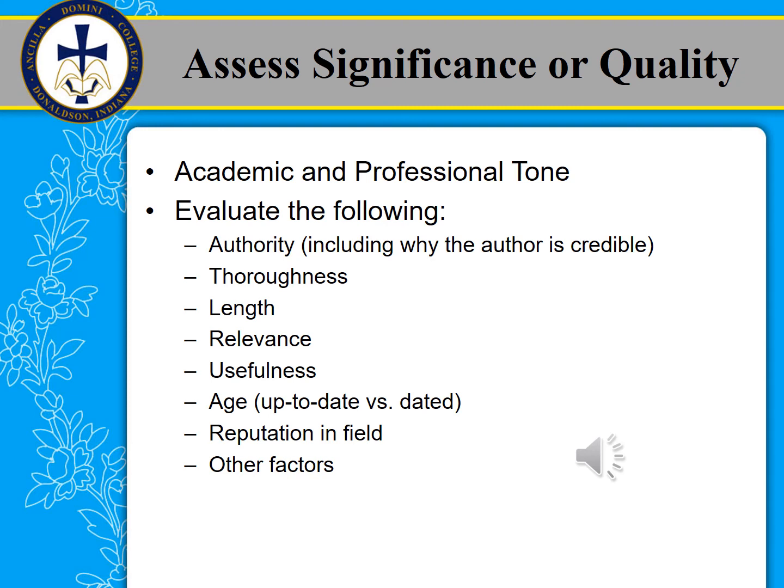And you're going to evaluate things like what we see on this list, the authority. So why is the author credible? That helps your reader know that you have a reason for using this source because the author or the organization has some credibility related to this topic.